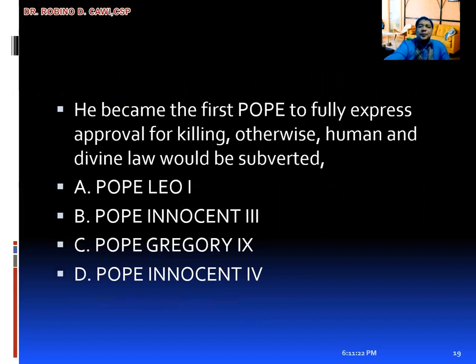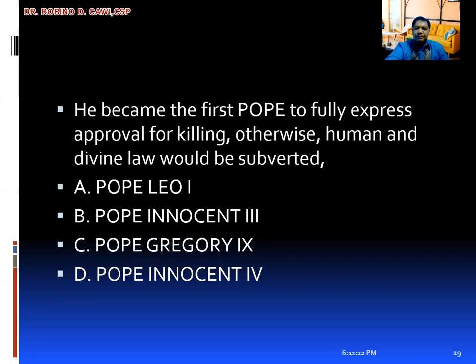He became the first pope to fully express approval for killing. Otherwise, human and divine law would be subverted. This is what I was mentioning a while back, okay, concerning the Catholic Church.